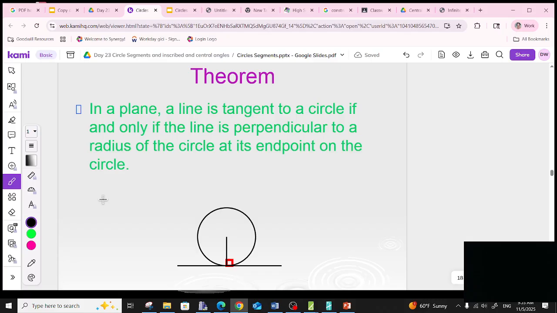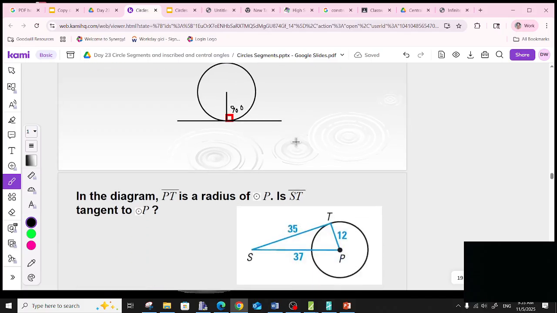Okay, so when you drew your tangents, you could check with a protractor if you're totally accurate. From the radius to your tangent, this should be 90 degrees, right? If it's not, then you did something wrong. You weren't really accurate.